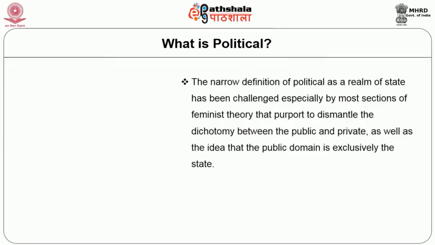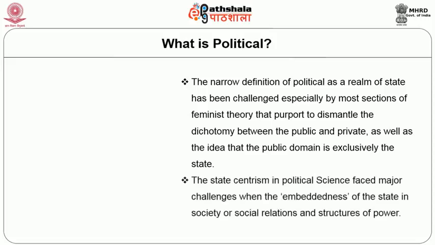The narrow definition of the political as a realm of the state has been challenged, especially by most sections of feminist theory that purport to dismantle the dichotomy between the public and the private, as well as the idea that the public domain is exclusively the state.